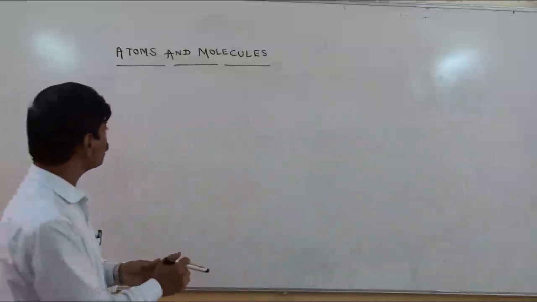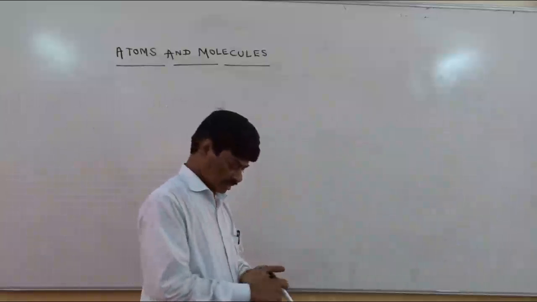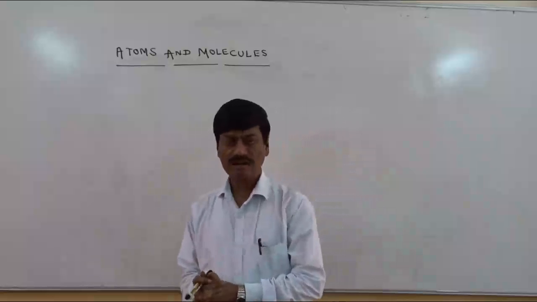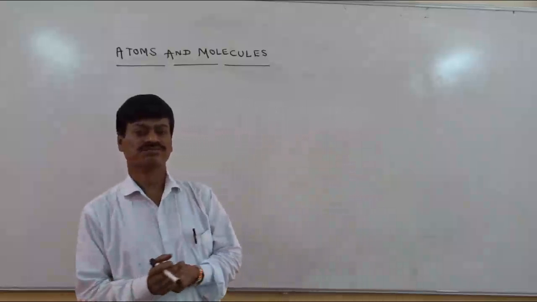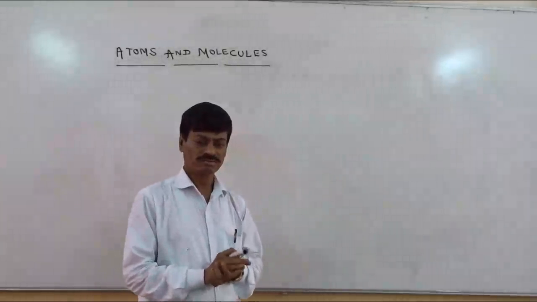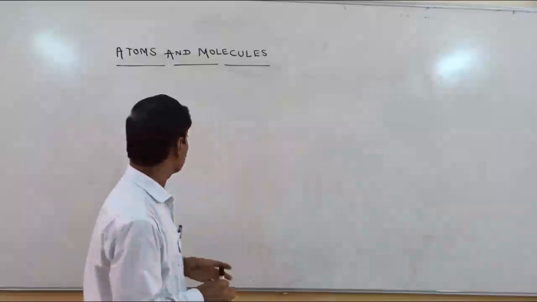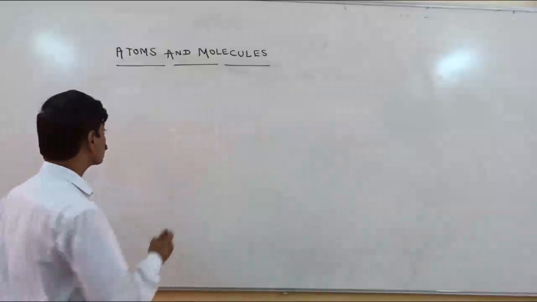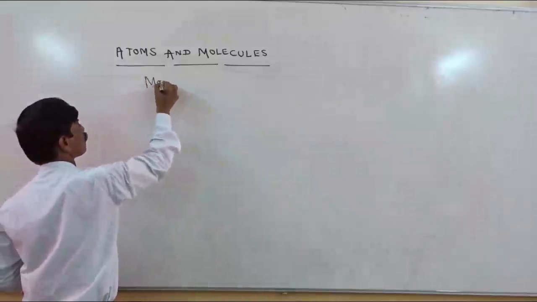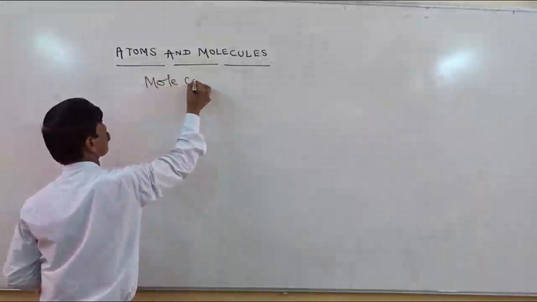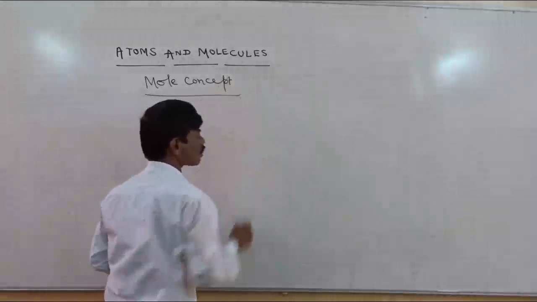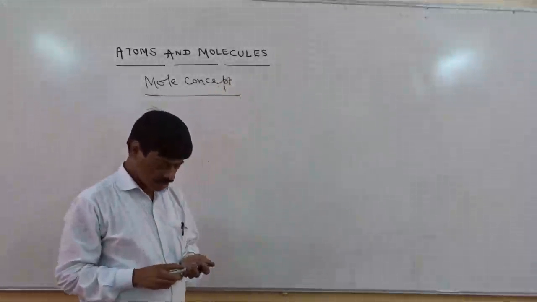Next important concept, and that is numerical based, and this concept is there in class 11 and also 12th, right? And the name of that concept is mole concept. This is a very important concept.